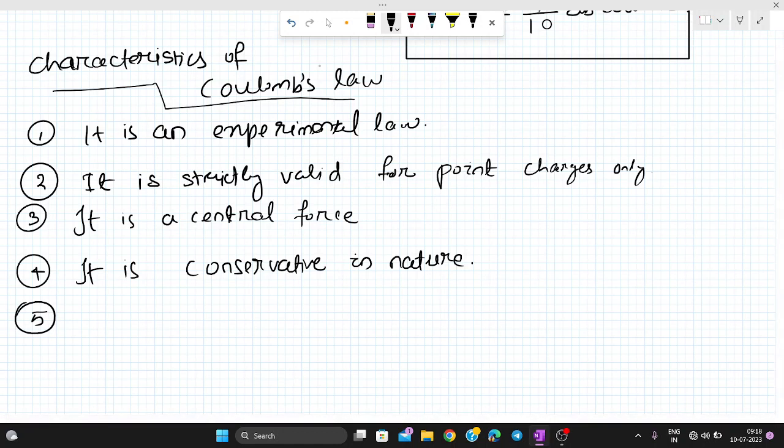Fifth point, for similar charges, Coulomb's force is repulsive, and for opposite charges, Coulomb's force is what? Attractive.